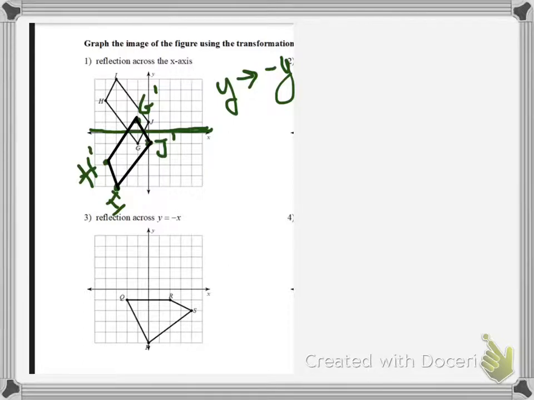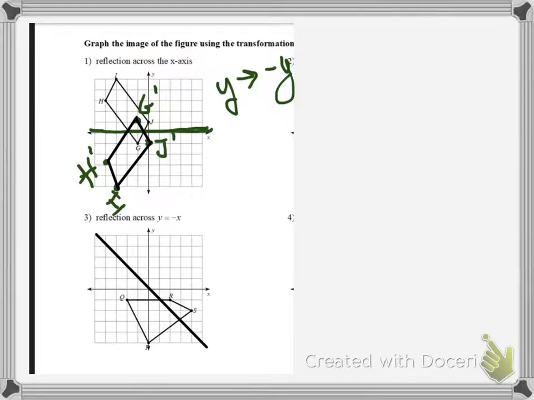Okay? If we reflect across the line y equals -x, that's this line. Whoops, let me try that again. Let me do that with a line tool. That'd be better. That's like this line, reflecting over this line.